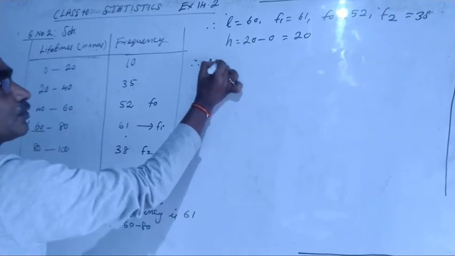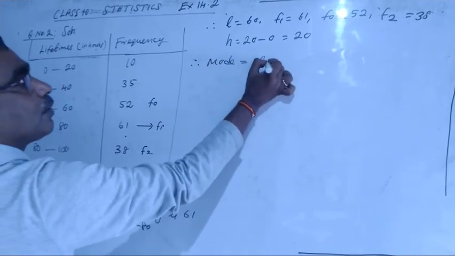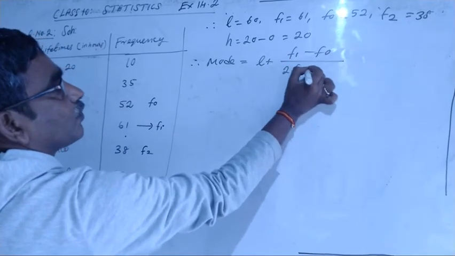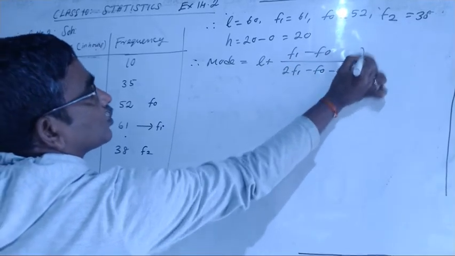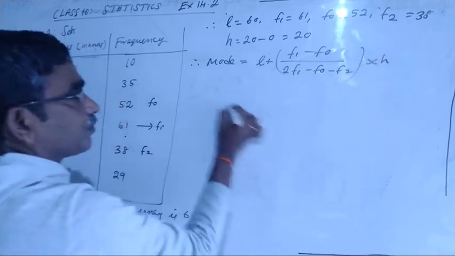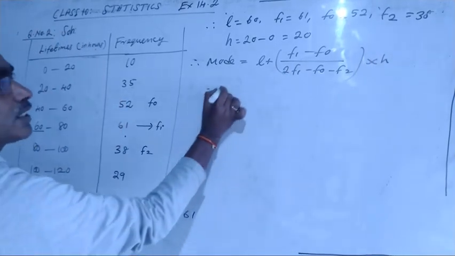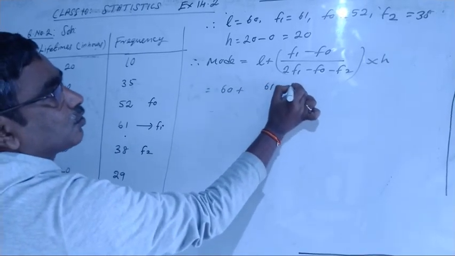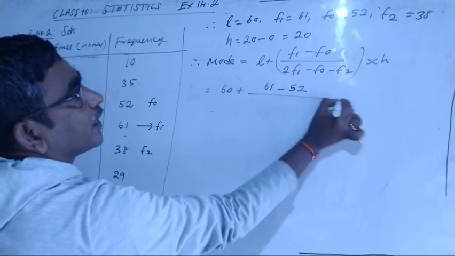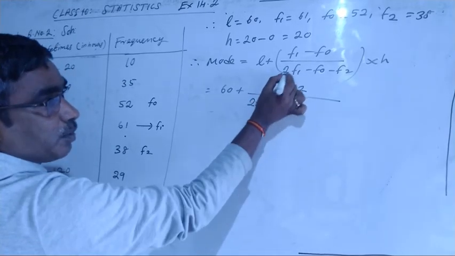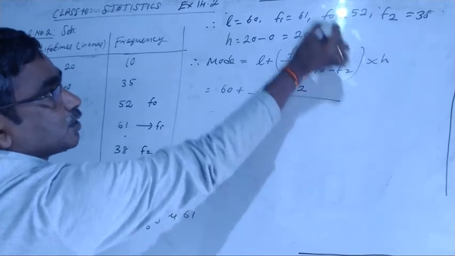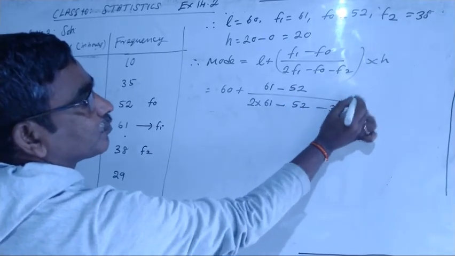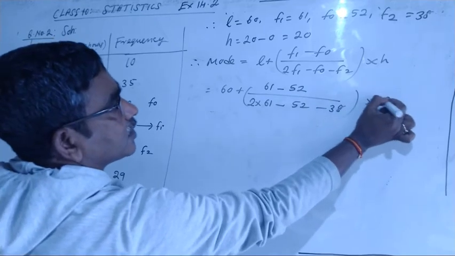Therefore mode is equal to L plus (F1 minus F0) by (2F1 minus F0 minus F2), into H. L we know is 60, plus F1 61, minus F0 52, by 2 times 61 minus 52 minus 38, into the width of the class interval, 20.